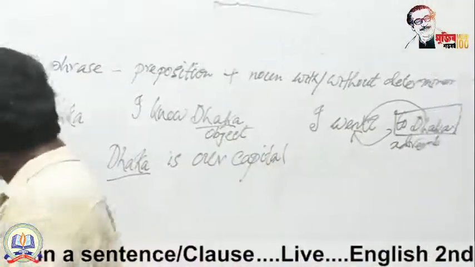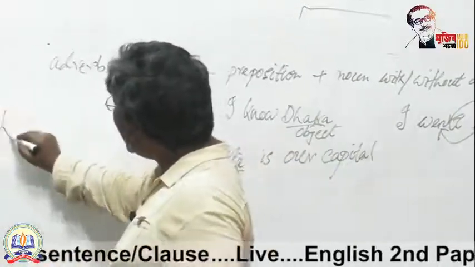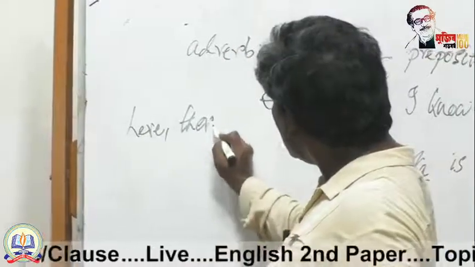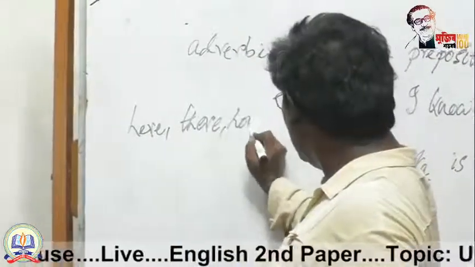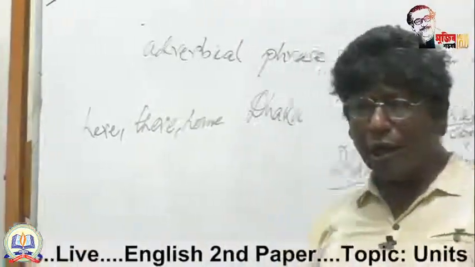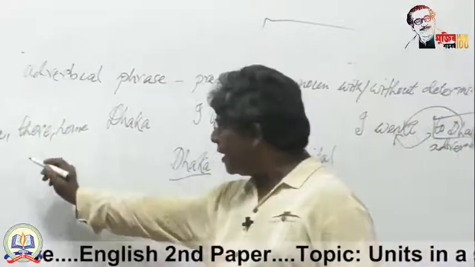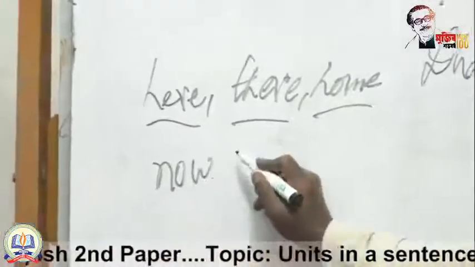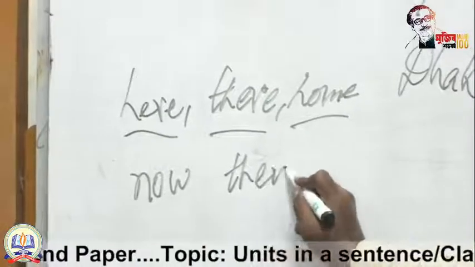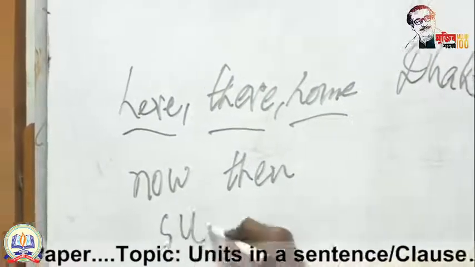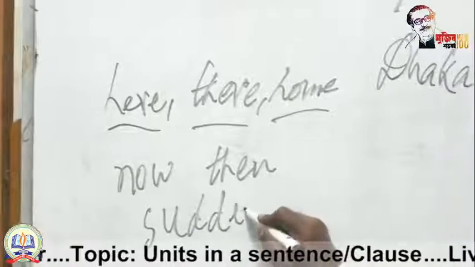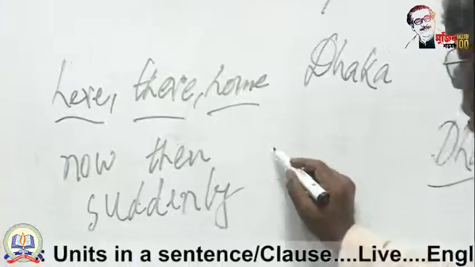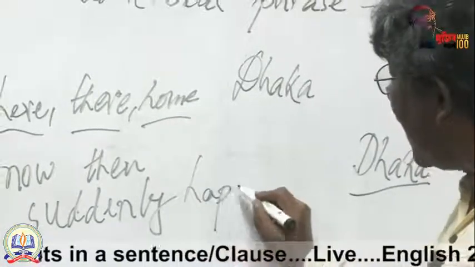When we have the words like here, there, home, now, then, suddenly, happily, they are adverbs.